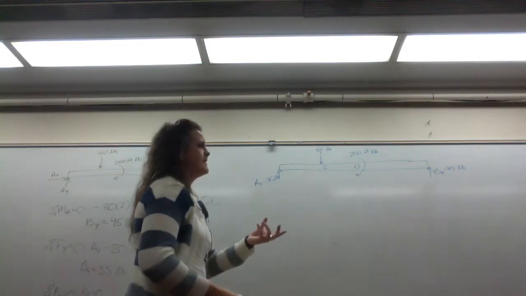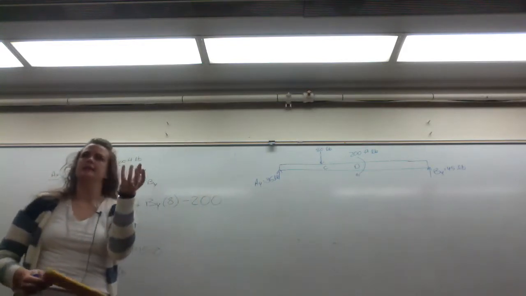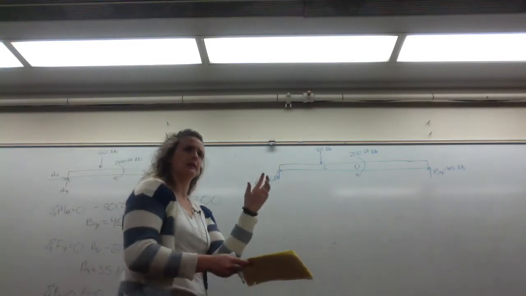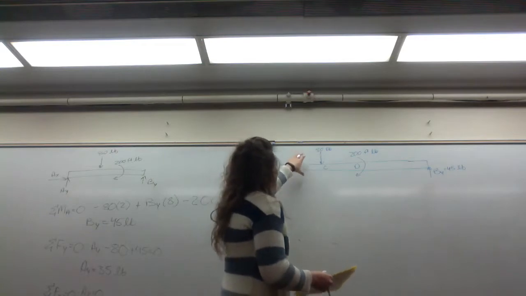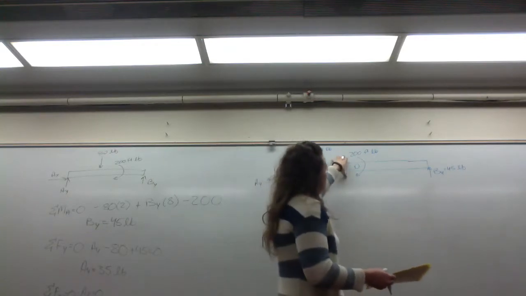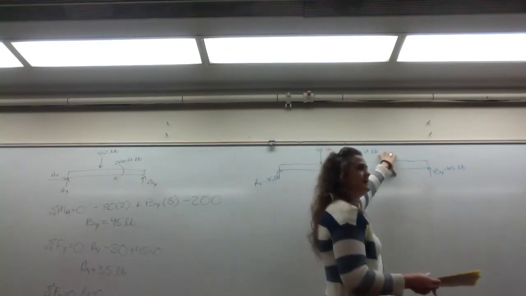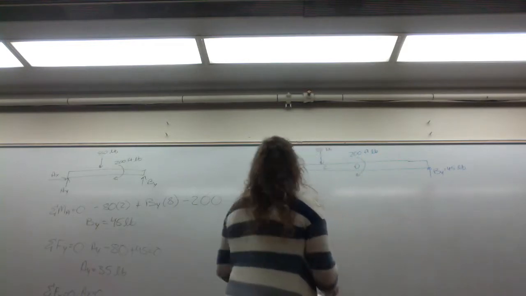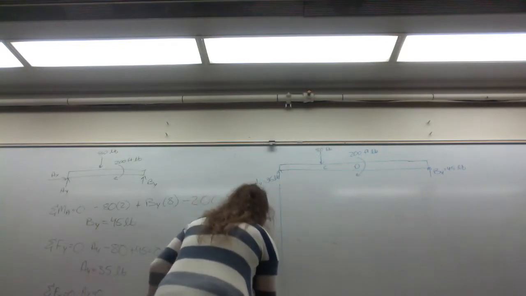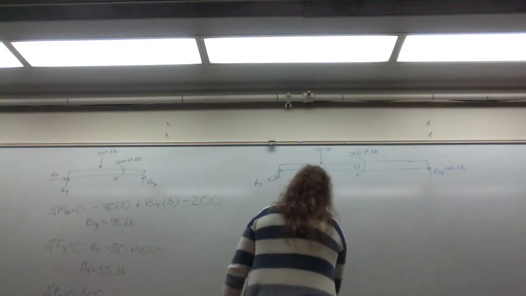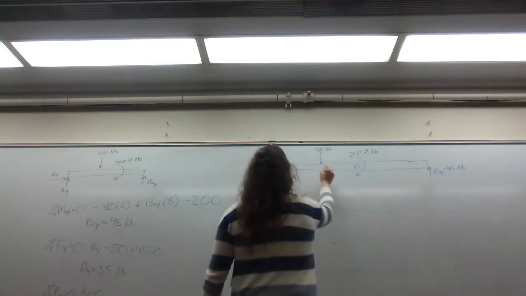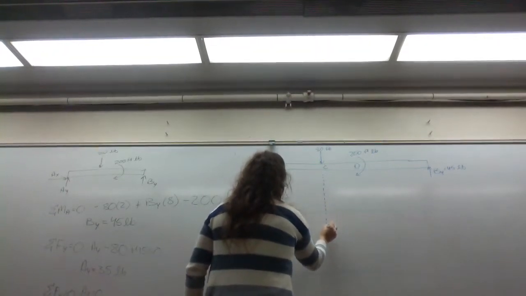Okay? And so we need to discretize our sections based on our loading conditions. Okay? So we have 3 sections here. We have between A and C, between C and D, and between D and B. Okay? So to discretize, I'm just going to draw lines.